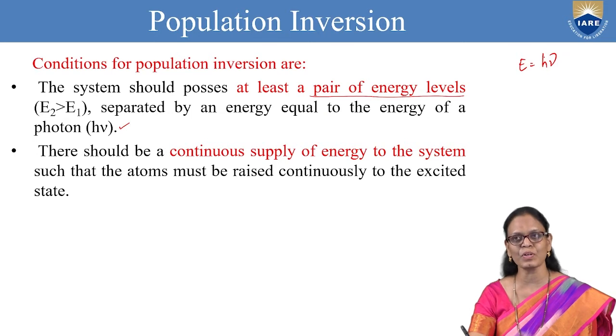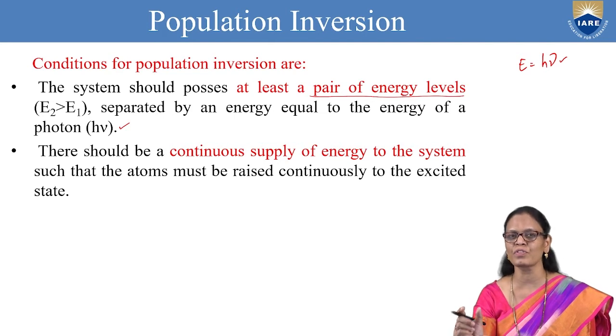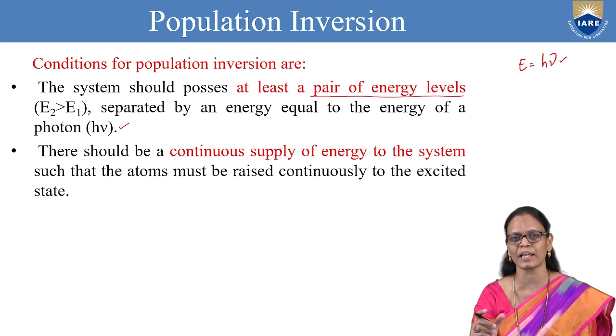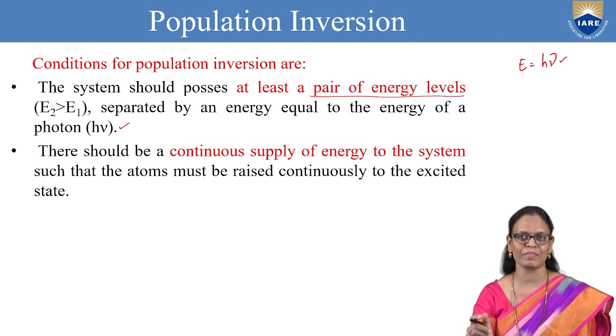When we stimulate the atoms in the ground state with the help of a photon, they go to the excited state. So the difference in energy between these two levels should be at least equal to h nu, the energy of a photon, because we cannot supply half a photon or a fraction of a photon. At least that minimum energy difference has to be there between the two levels.